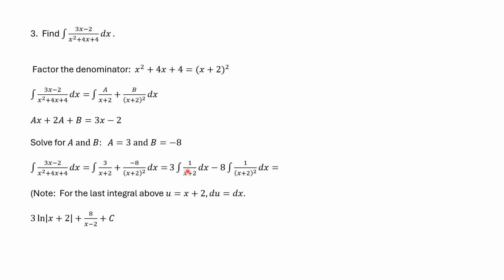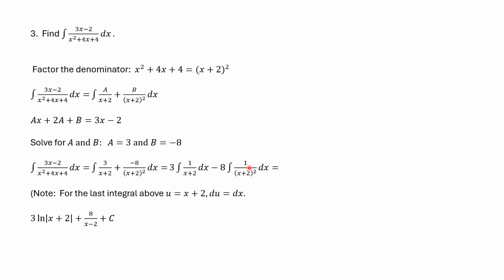Well, 3 times the integral of 1 over x plus 2 dx is 3 times the logarithm of the absolute value of x plus 2. Here, I let u be x plus 2, and I have u to the negative 2nd power.